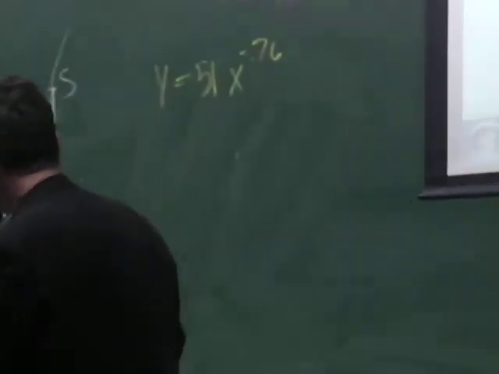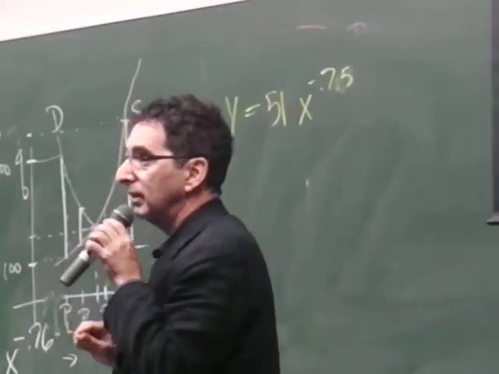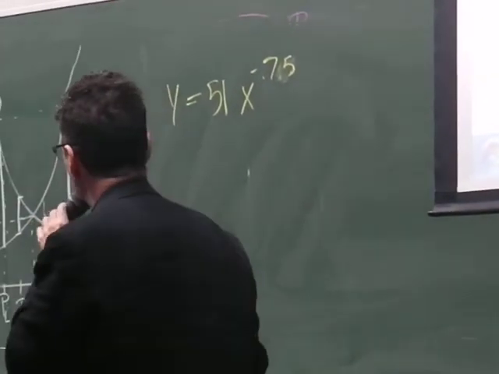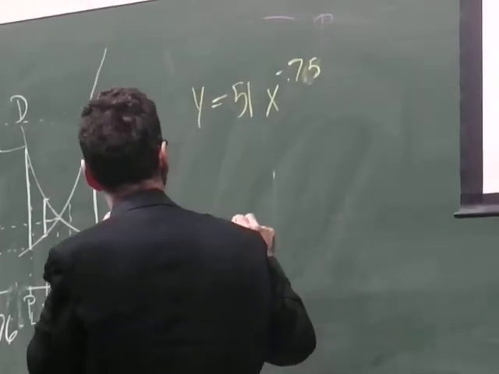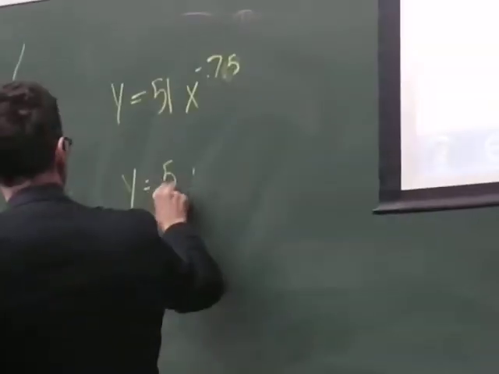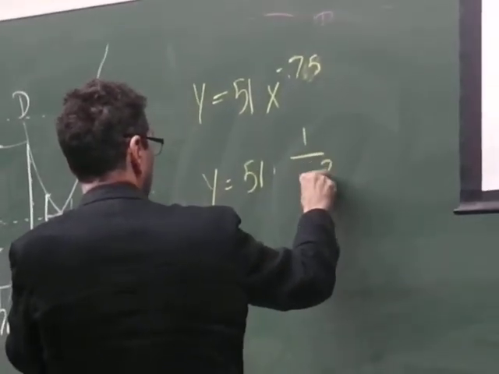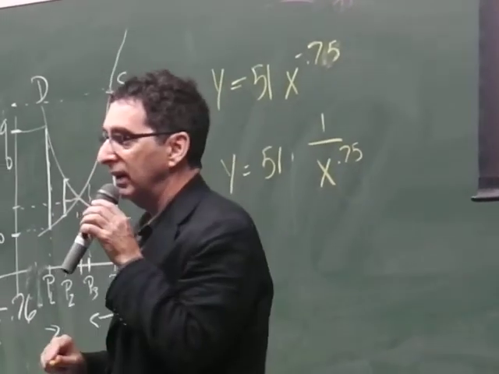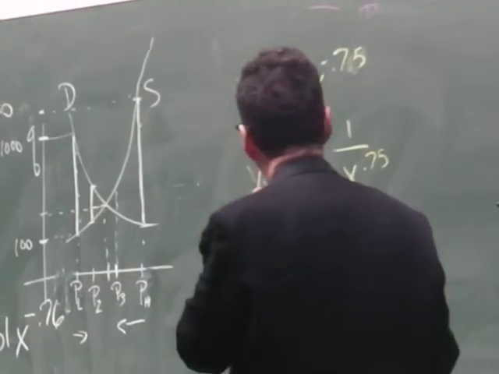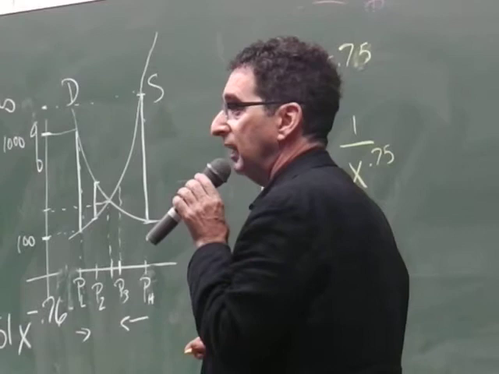Let me change it to 0.75 just because the numbers work out better. So let's rewrite that like this: 51 times 1 over x to the 0.75. Okay, does everyone agree with that?